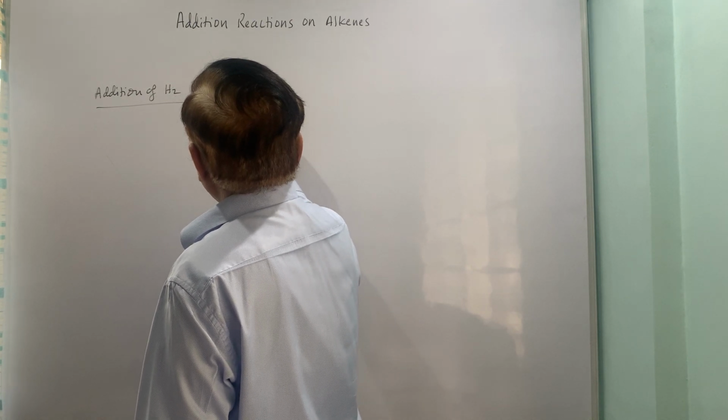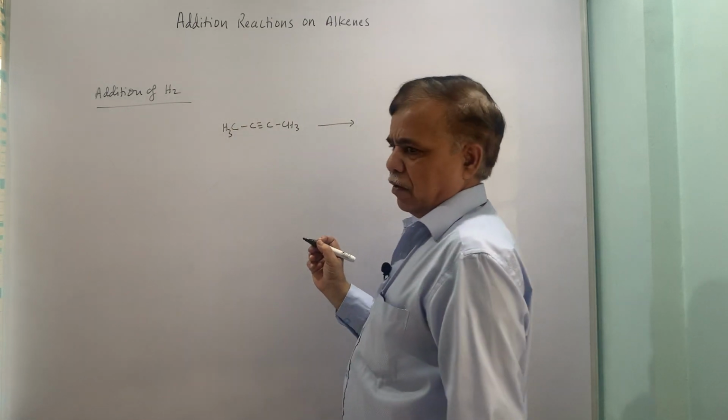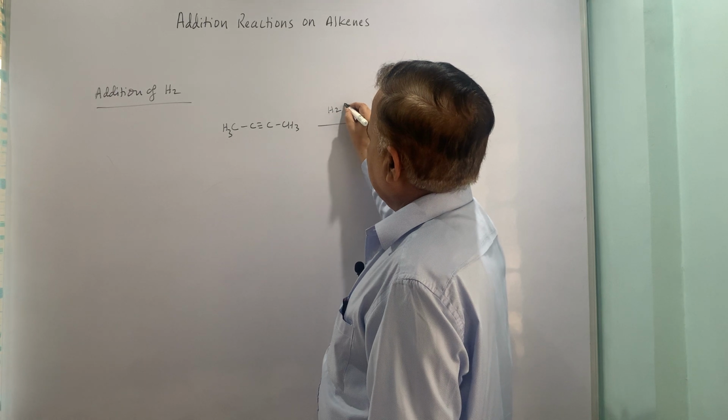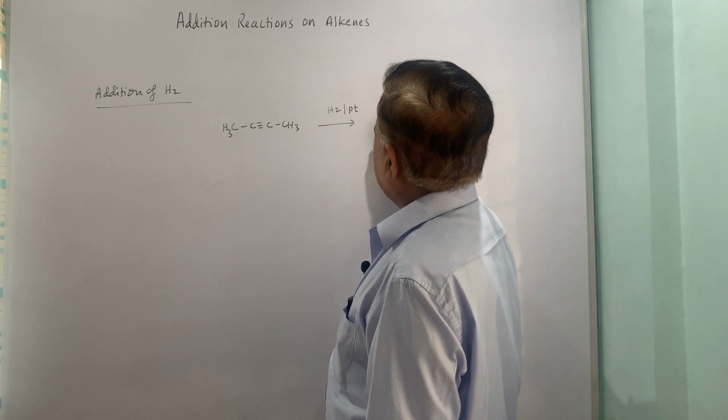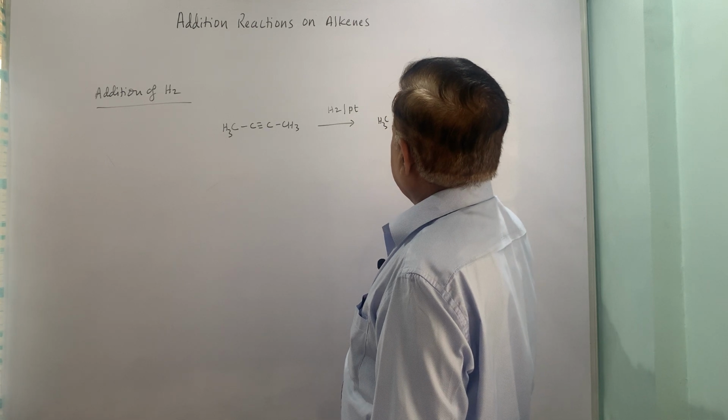For example, if I start with this alkyne, then addition of this can lead to the formation of alkane directly.